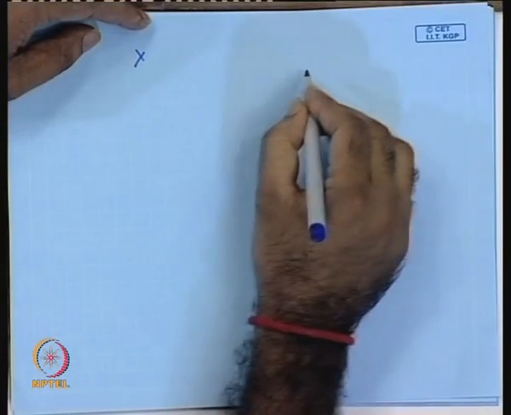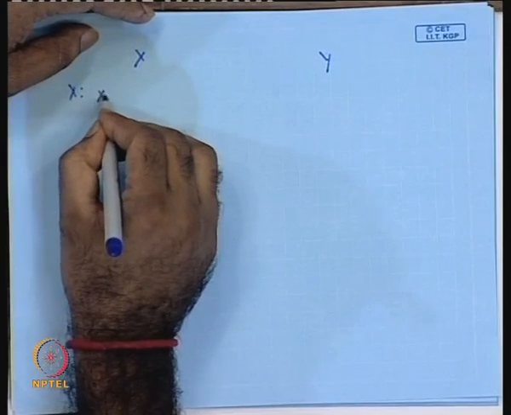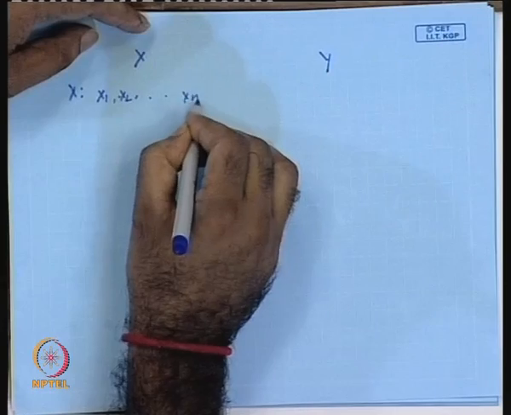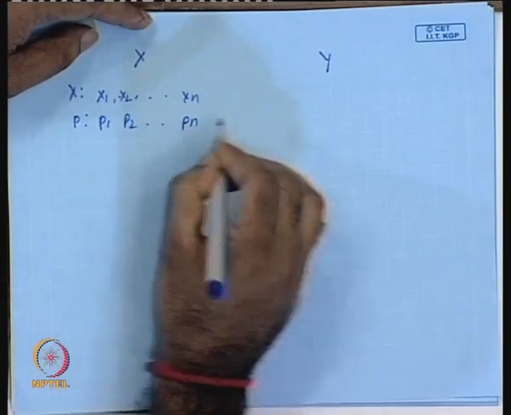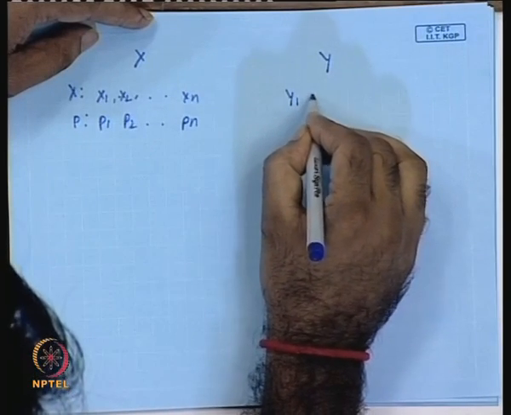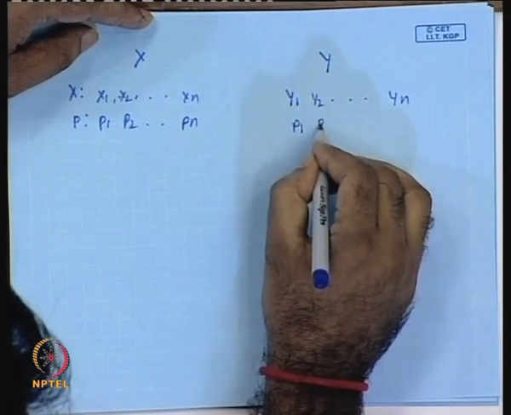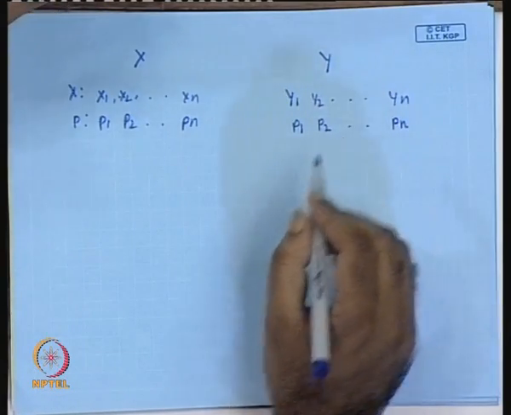So, now take a case of 2 variables, x is one variable and y is another variable. X contains x1, x2 up to xn, corresponding probability is p1, p2 up to pn. In the case of y, the corresponding situation is y1, y2 up to yn, corresponding probability is p1, p2 and pn.